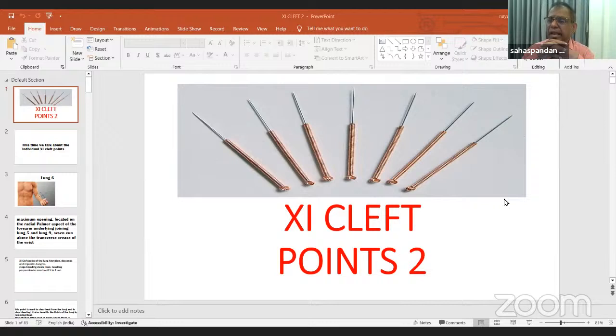So when any condition is acute, whether it is pain or any emergency, there are specific points on our body which work. They stop the pain and they heal the acute emergencies. So let us discuss them one by one, every point.